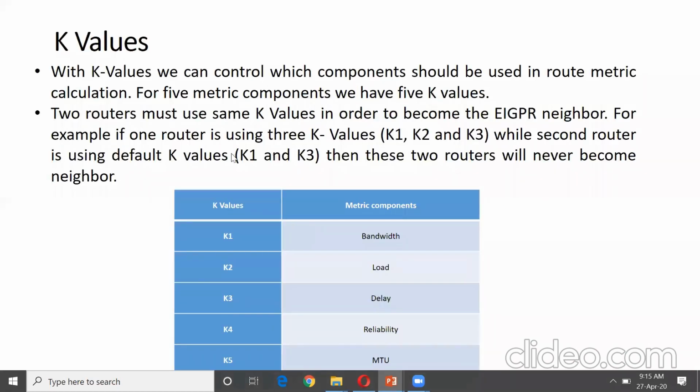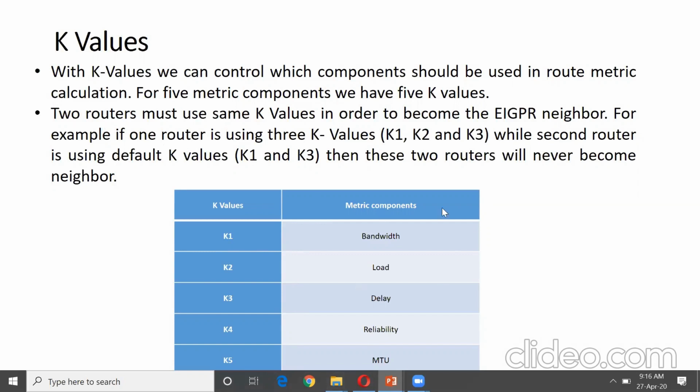Now the K values. Just now we have seen these are the metric components: bandwidth, load, delay, reliability and MTU. With K values, we can control which component should be used in a route metric calculation, that is, which K value should be considered while calculating the route metric.